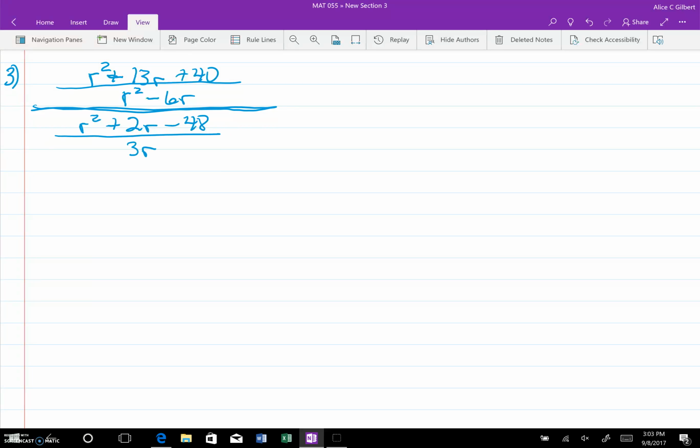Now, guys, this is one fraction in the numerator and one fraction in the denominator. But I don't want to do copy.flip yet. I want to factor everything I can factor.